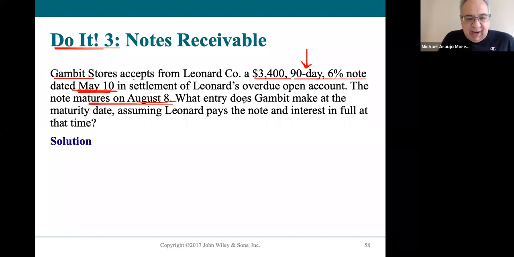Okay, so what entry does Gambit make on the maturity date on August 8th? Well, on August 8th, what's going to happen? They're going to get their $3,400 back plus 6% interest on that $3,400 for 90 days.